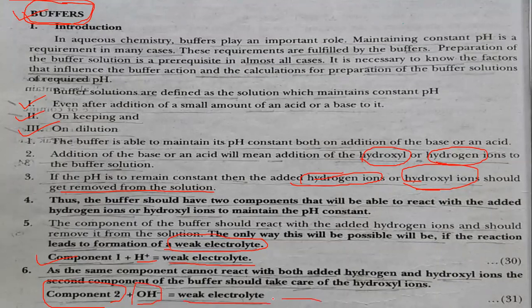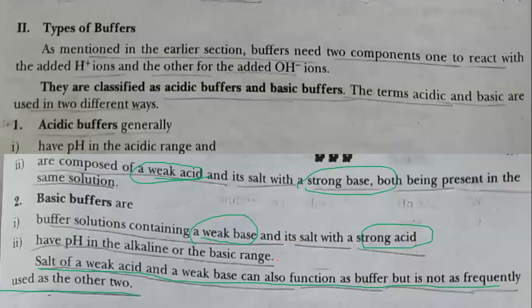In this way, with the formation of weak electrolyte, the ions, either H plus or OH minus, can be easily removed from the solution. They do not remain free for any kind of chemical reaction to happen, or which may cause a disturbance in the process.